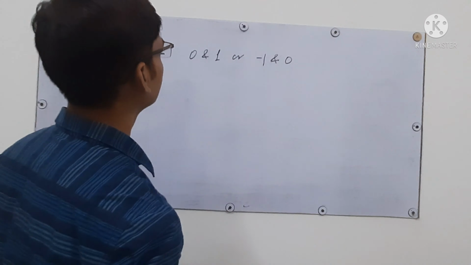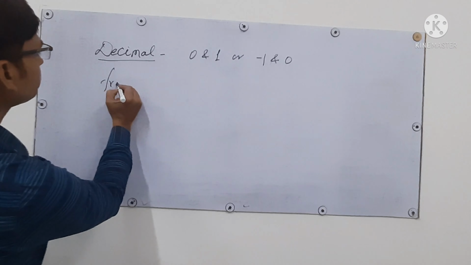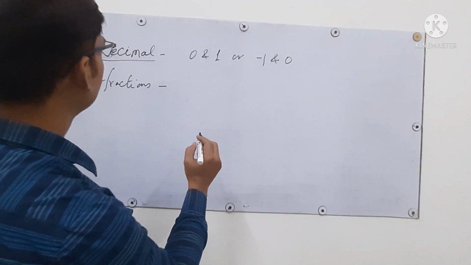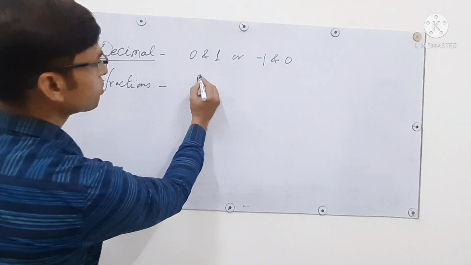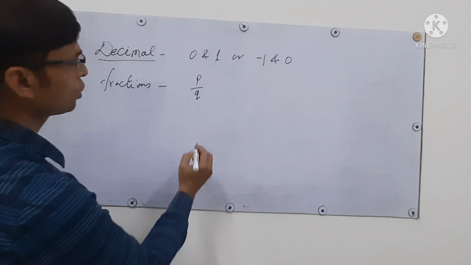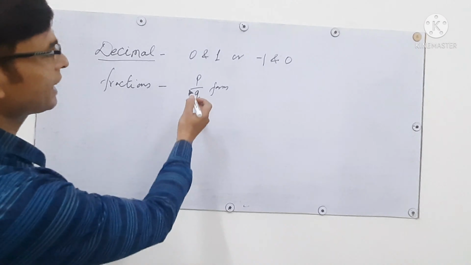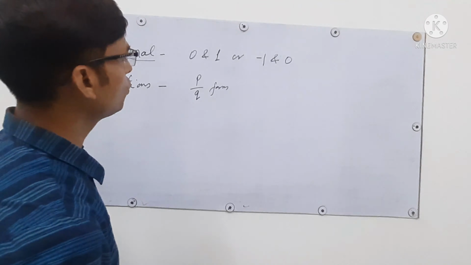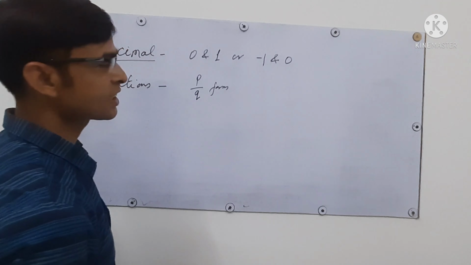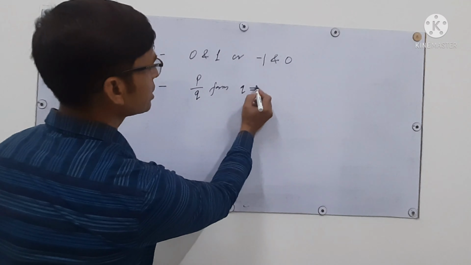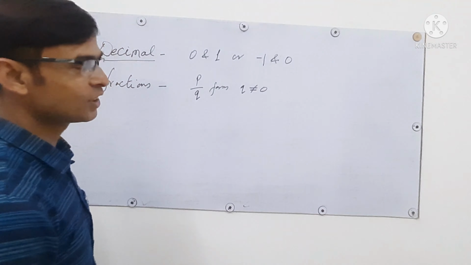Okay, and what are fractions? You must have learned before also. Fractions are numbers which are expressed in p by q form. That is, numbers which can be expressed in p by q form are known as fractions, but q must not be equal to 0.